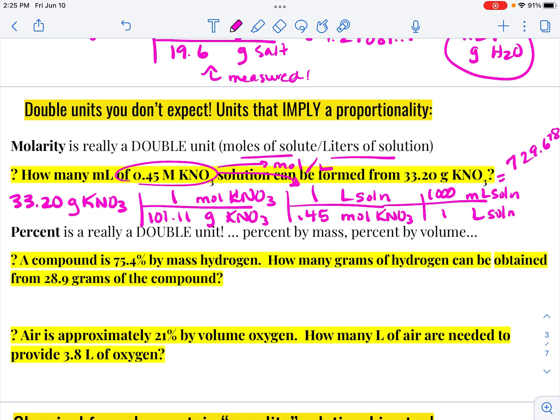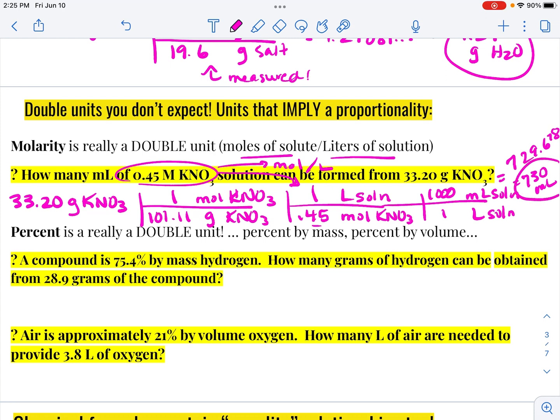Molarity is a measured value, so it will limit my sig figs, and that means I have 2. That by definition is 1 liter exactly. So the 1 doesn't limit it, but the 0.45 does. And then the metric equality is exact. So this means I have 2 significant figures, which is going to be 730 milliliters.